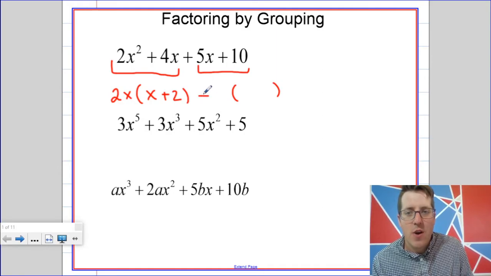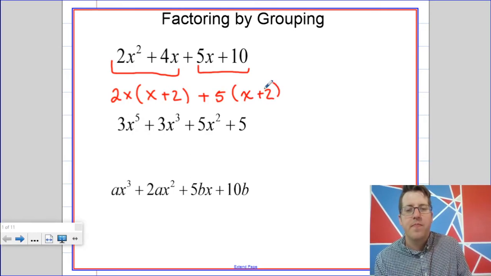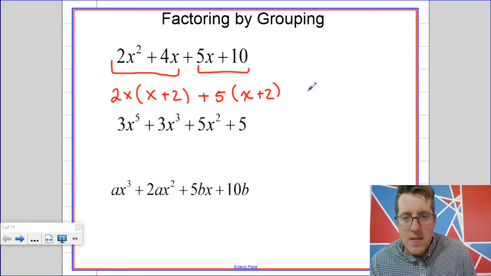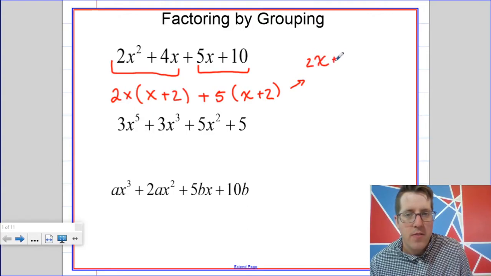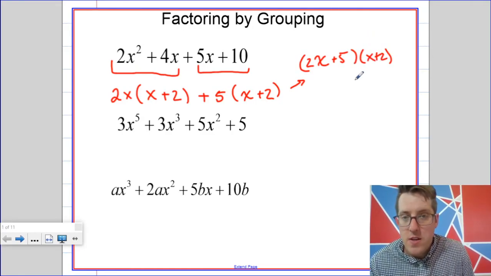So I could factor out a positive 5, and that would also give me x plus 2. If that is something you can accomplish, then your next step is to write that as 2x plus 5 times x plus 2. And you're done, and it's factored.